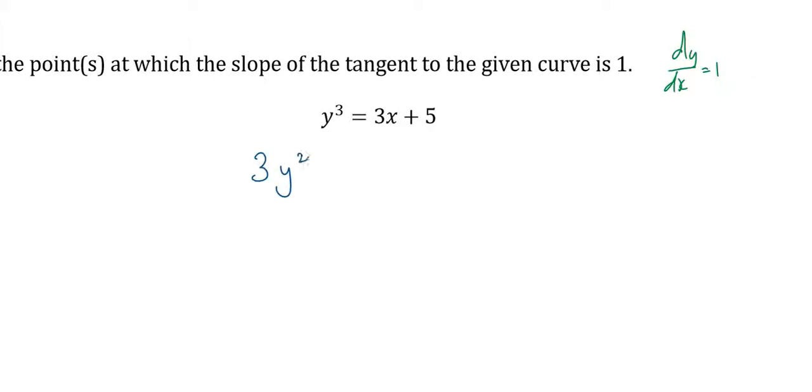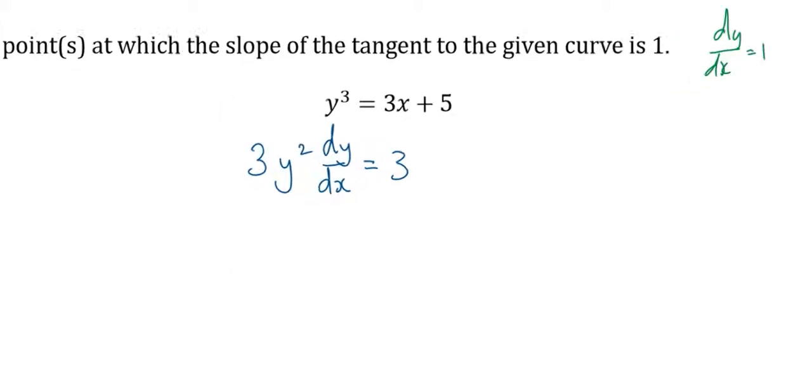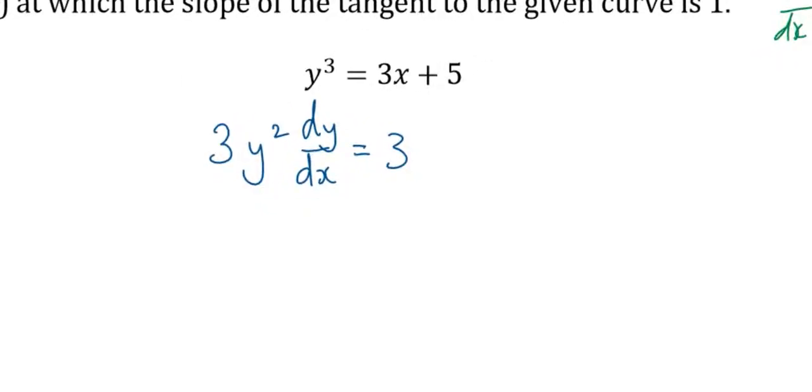Divide by 3y squared and you end up with dy by dx equals 1 over y squared. So interestingly, this one doesn't have an x in it. Just how it worked out. This is why it can be a little bit unfamiliar, these types. Everybody okay so far? Pretty straightforward, right?